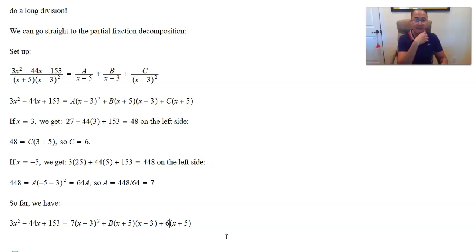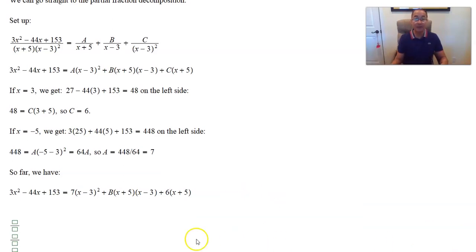I believe that the simple thing to do is to compare coefficients. We have 3 coefficients to play with: 3x squared minus 44x plus 153. Remember, this equation has to be true no matter what value of x you plug in. So when you expand this out, you'd better get 3x squared as the first term.